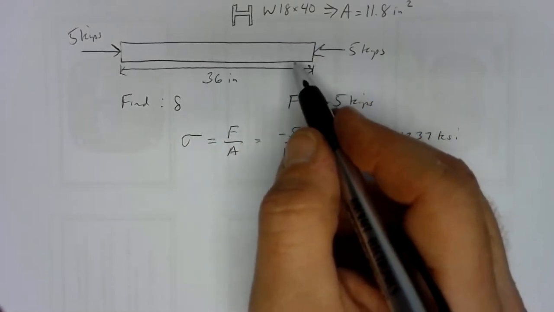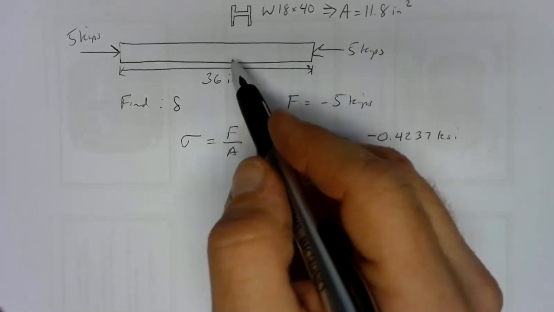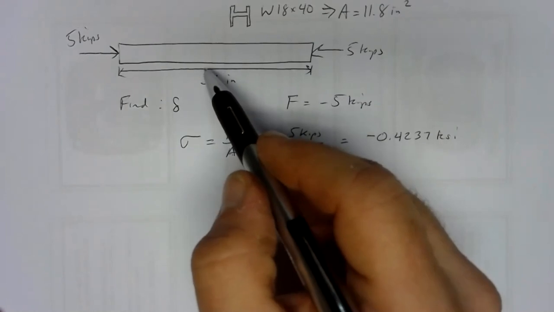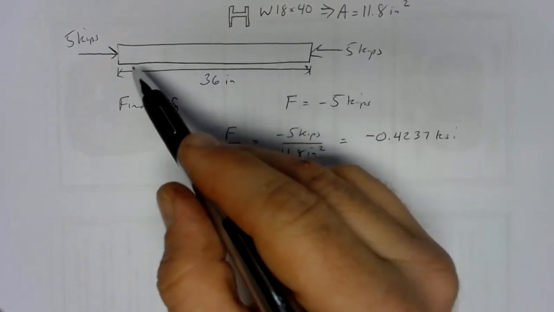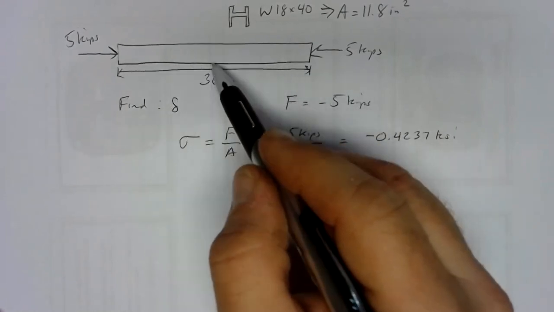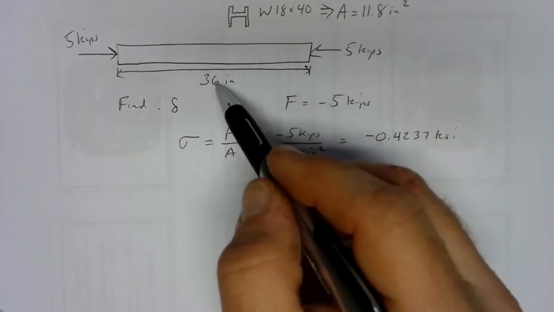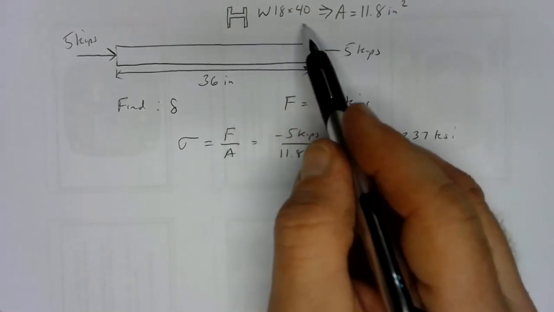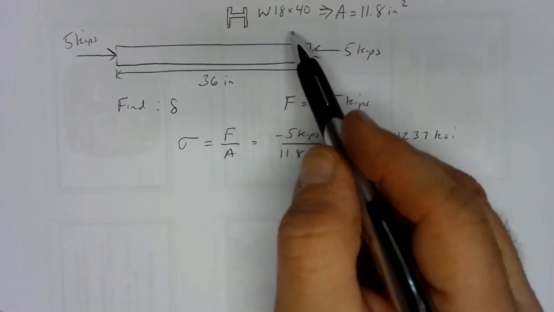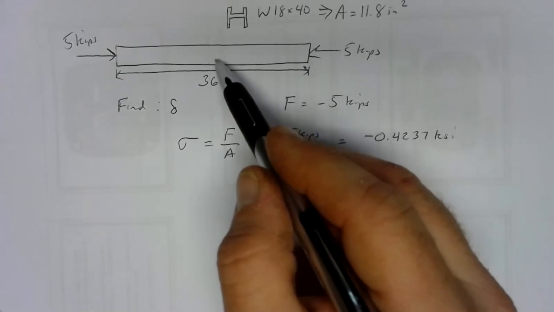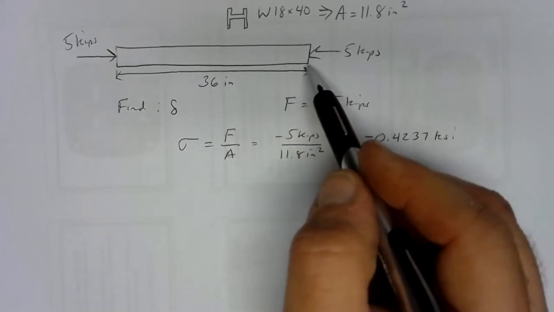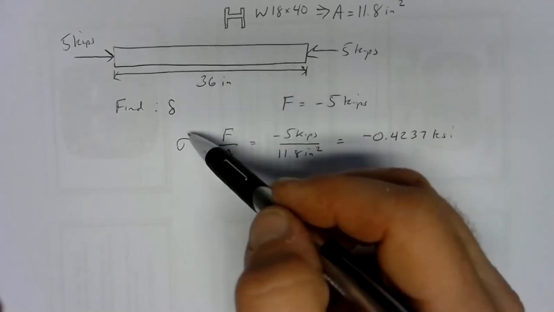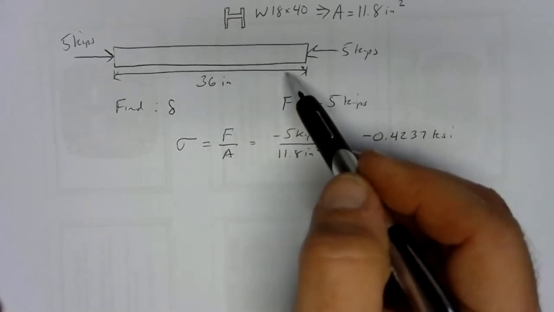In compression, the main factor that affects failure is not the stress, but the relationship between the cross-sectional area and the length. So something here that's 3 feet long, but has this W18 by 40 profile, is going to fail in a mode that we call buckling, where the middle will kick out in one direction or another as a result of the stress.